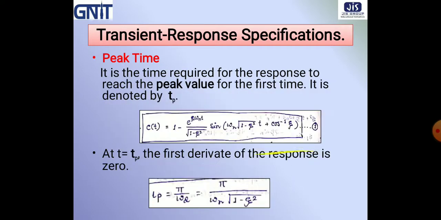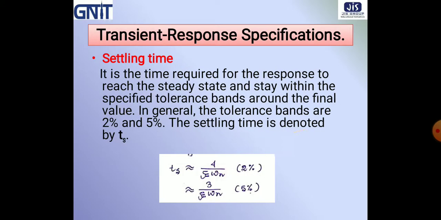So this is our settling time. The settling time is denoted by Ts, and the formula of Ts will be 4 by zeta omega n for 2% tolerance, and for 5% tolerance the settling time will be 3 by zeta into omega n.